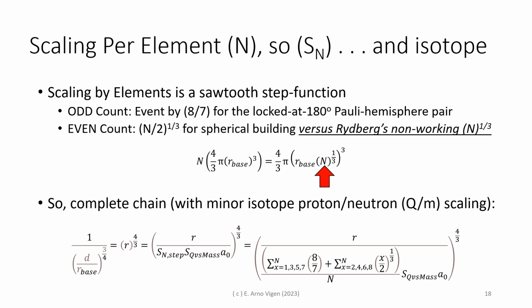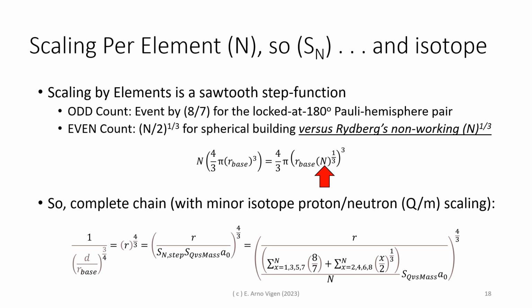You see, instead you have to do this orbitals, this even odd sawtooth step function. And so I replace the n to the 1/3 of Rydberg with the averaging, that means the 1 over n in the bottom equation, of the odd counts at 8/7, the scaling we already showed, and the even counts at the n count over 2 to the cube root.